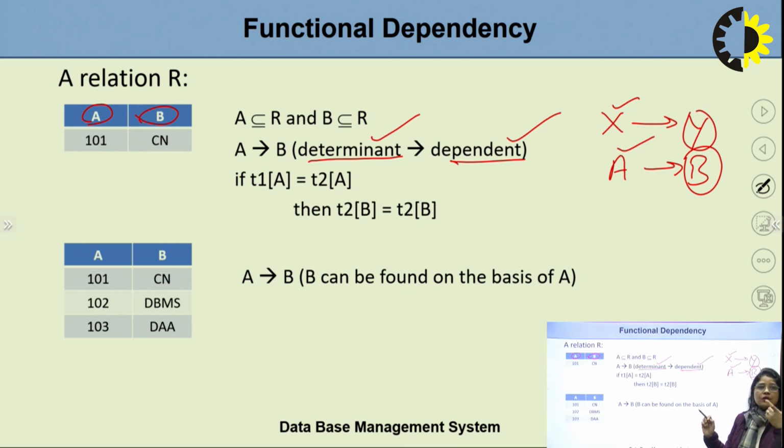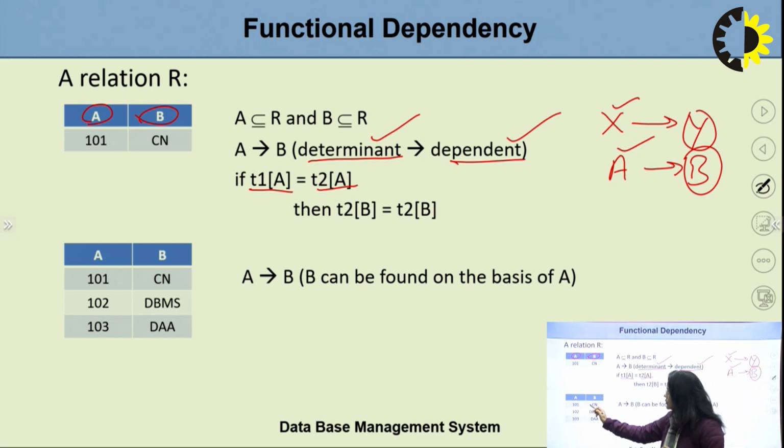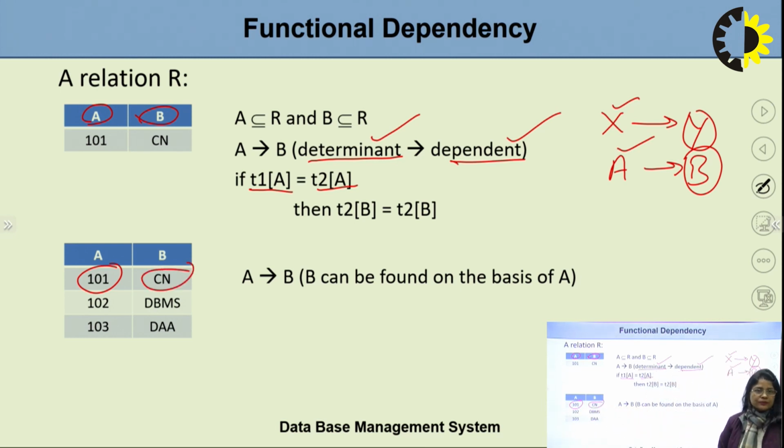So, what is the full definition of the functional dependency? If a tuple value on A is something, then the tuple value on A should be the same for another tuple. If somewhere we have written this code 101, it means only the value computer network can be determined. Anywhere we find the value 101, it can only determine the subject is computer network.